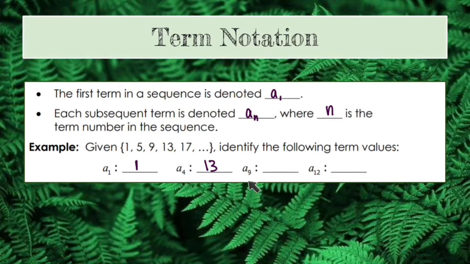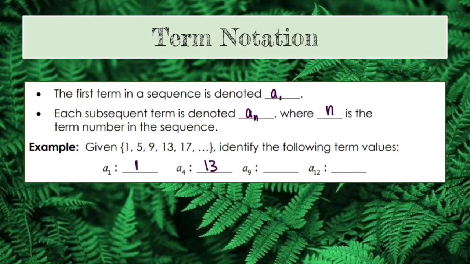Now we want the ninth value, the ninth term in the sequence. That's what this A sub 9 means. Well, we only have 5 terms. So now we're going to have to find the pattern, and we are going to have to find at least 9 terms. So if we go from 1 to 5 to 9 to 13 to 17, you should notice that we are adding 4 every time.